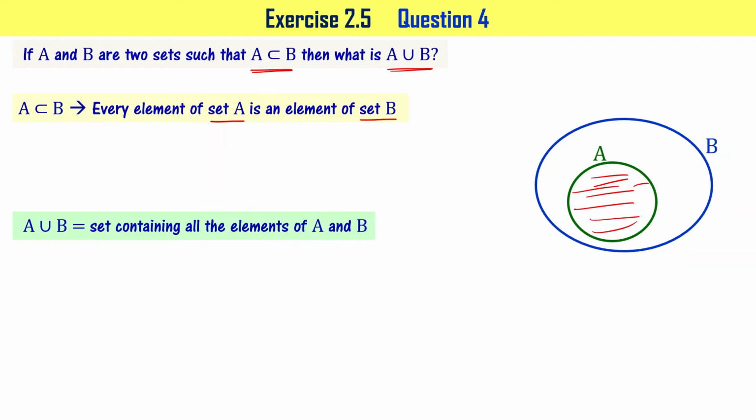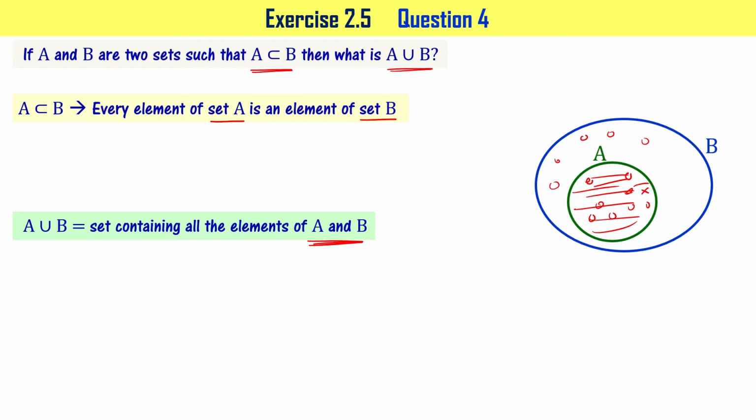Now we said that A union B is the set containing all the elements of A and B. For example, if I take any of the elements of A, they are already elements of B also, right? Now A union B says that it is the set containing all the elements of A and B, right?